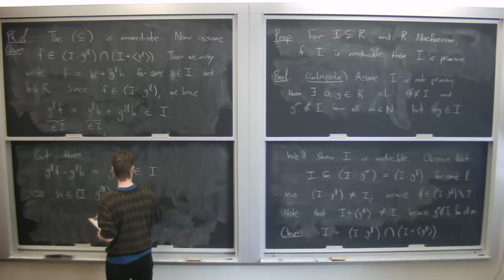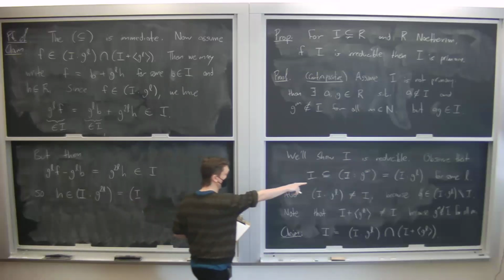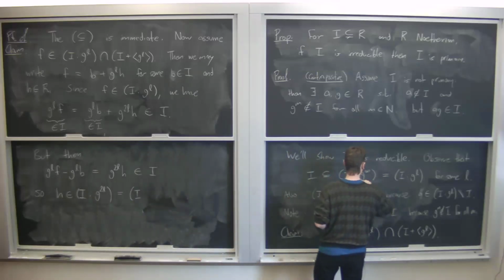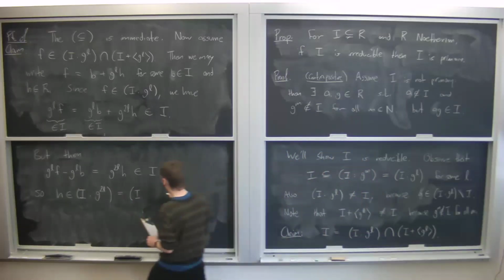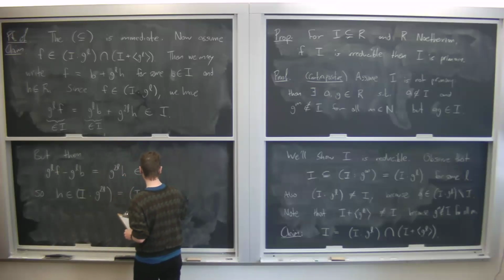But we know that L was the point where the saturation stabilized. So this is just equal to the colon with respect to g to the L.